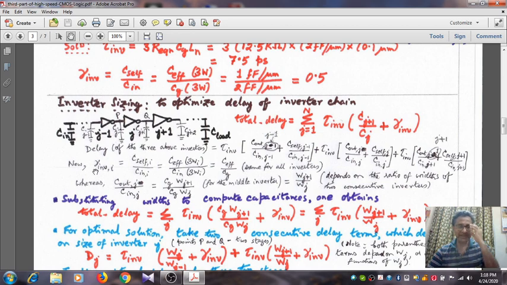Note this gamma factor is constant for all the inverters. So gamma inverter is C self by C in, that is equal to C effective into 3Wi upon Cg into 3Wi. This is the same for all the inverters, as we have found out, it is 0.5.